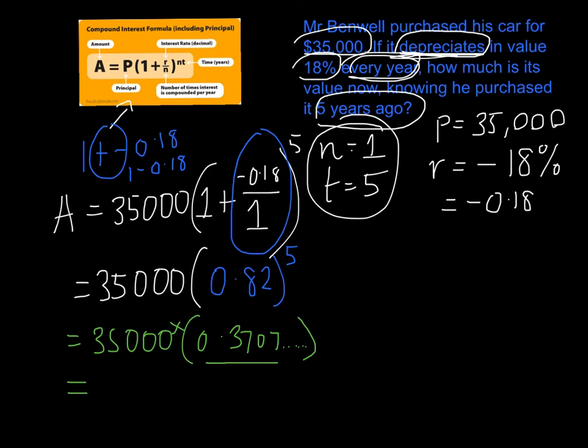I'm multiplying that now by $35,000. That now gives me $12,975.89. So after 5 years of having my car, it has depreciated and its value is now worth $12,975.89 because it depreciated 18% every year.